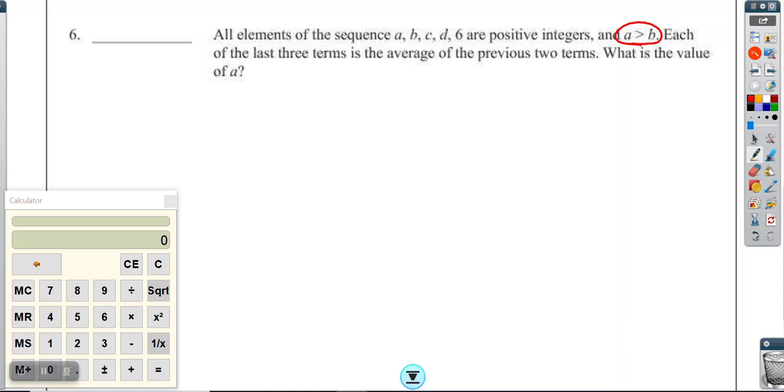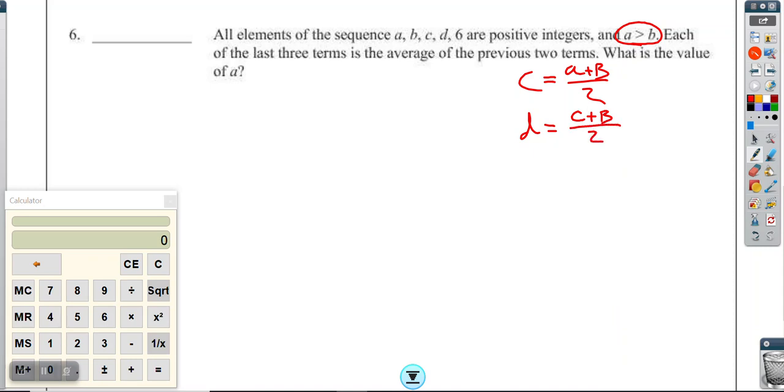All right. So, well, what does that mean? So that means that C has to be equal to (A plus B) divided by 2, because that's the average, right? Well, following that logic, D has to equal (C plus B) divided by 2.